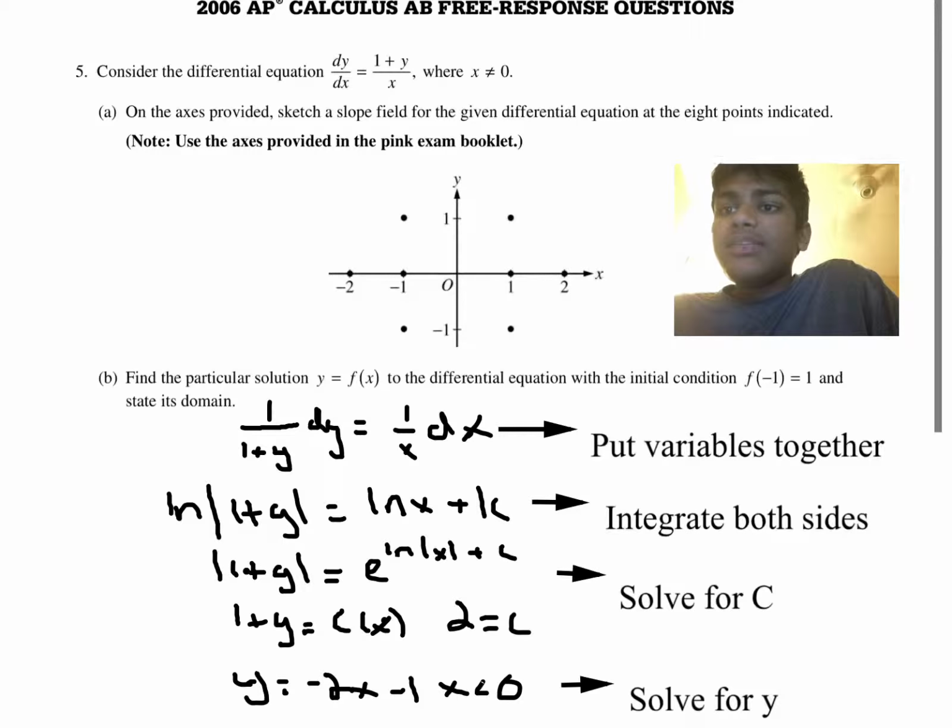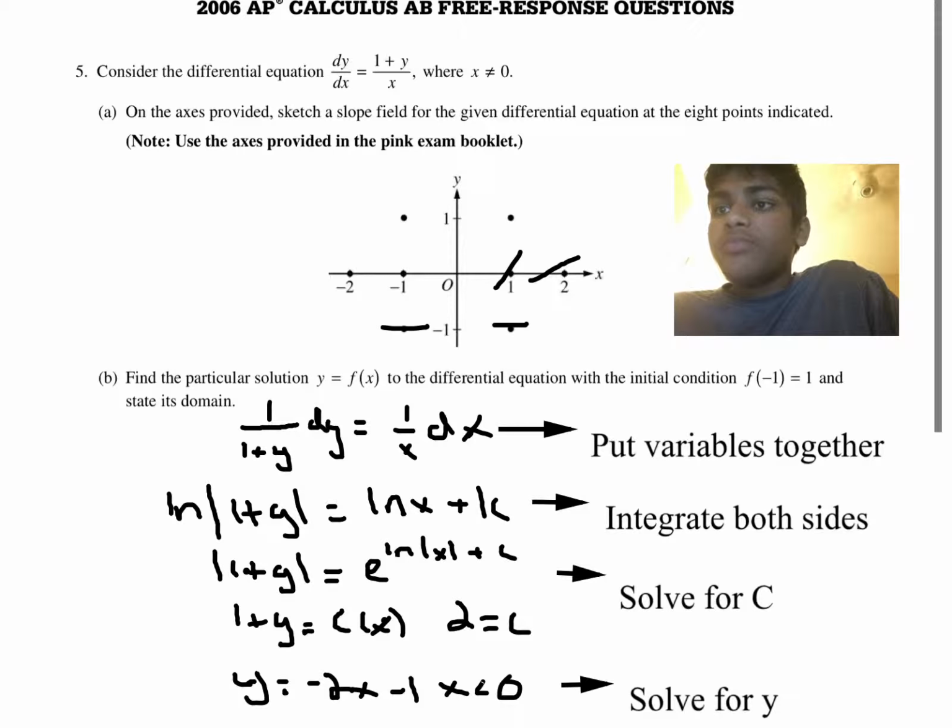At x equals -1, y equals -1, we will always have a 0 slope, except when x equals 0. And then at x equals 1 and y equals 0, we have a slope of 1. And then at x equals 2, and y equals 0, we have a slope of 2.